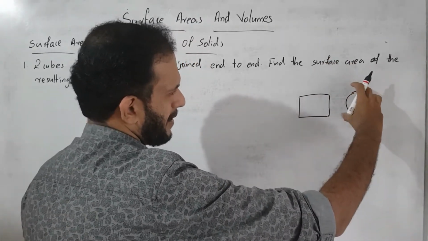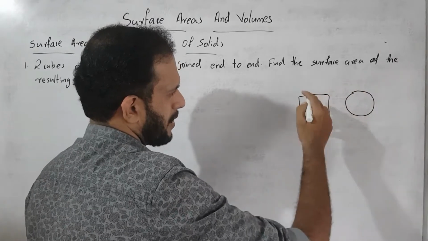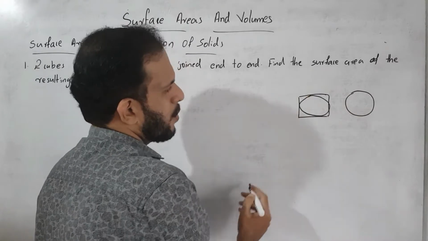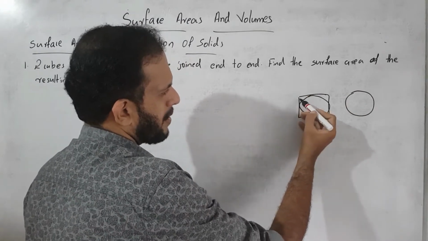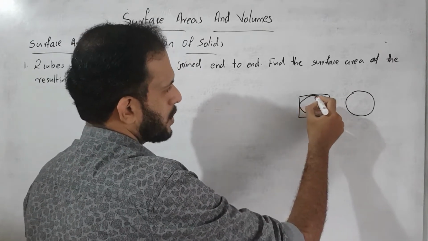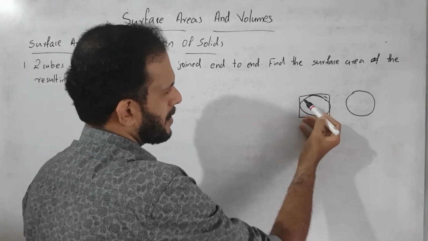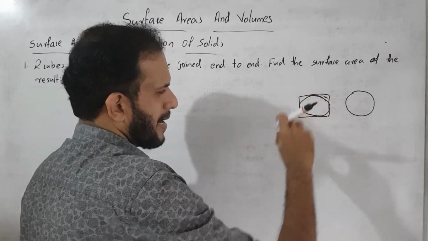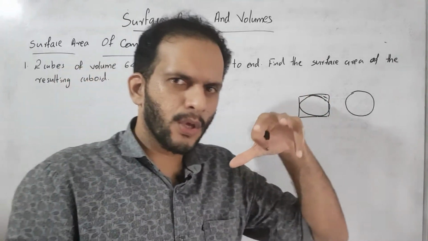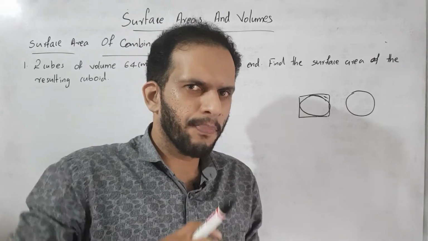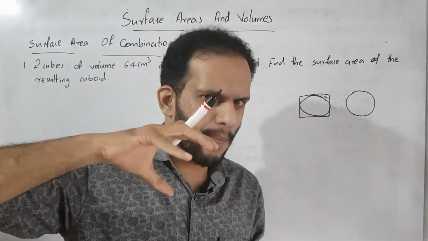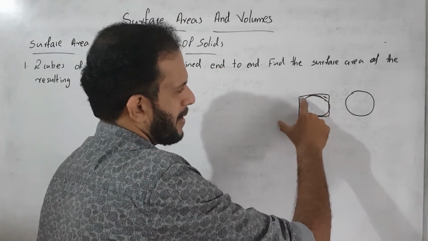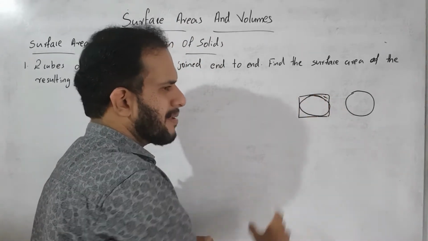Then if we take the hemisphere and join it here, it will be mounted like this. So it is not possible to cover the corner space completely, correct? If you mount the base face of a cube using the base face of a hemisphere, it is not possible to cover completely. Some faces are remaining there. In that type of case, there is some exception.